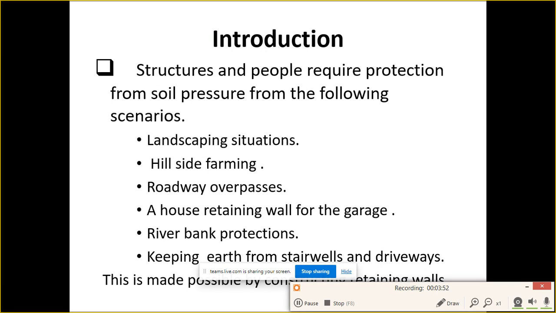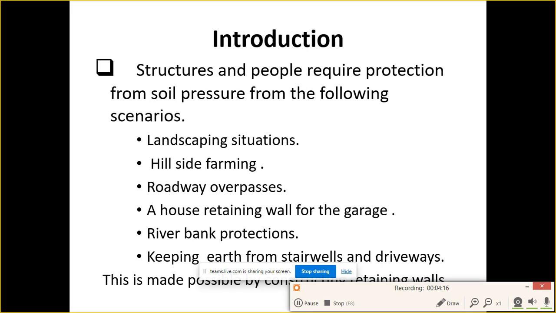Different types of structures, be they large or small, need to be protected against soil pressure, or lateral pressure from the soil, and in some scenarios hydrostatic pressure if we are constructing structures that are under water.